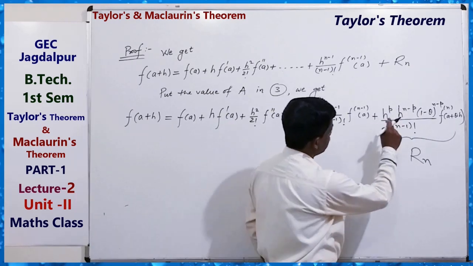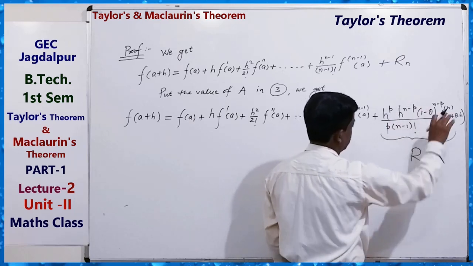Rn equals what? h^p times h^(n−p) gives h^n, and the remaining things are there.